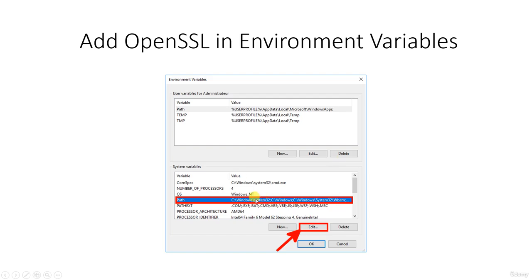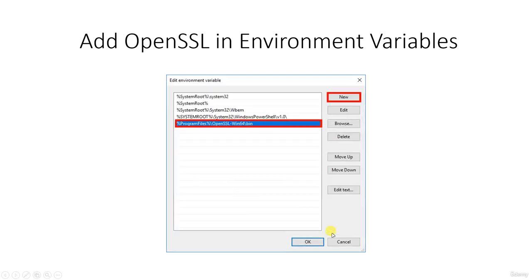If you don't find it here, it may be at the bottom or the top, so make sure you check the Path variable. Make sure you select Path first, otherwise you cannot edit, then click Edit.